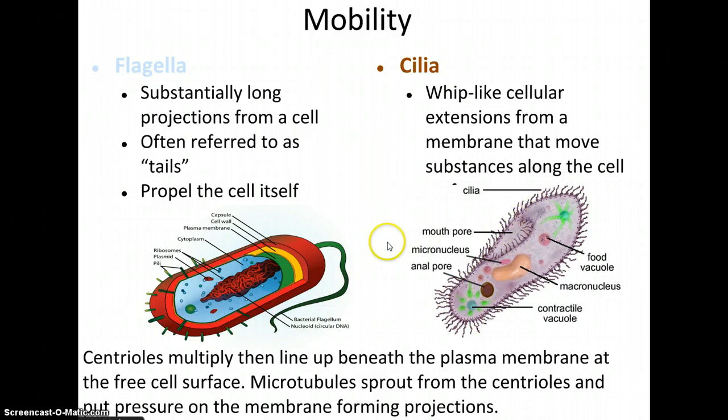Now the main difference between these two is that this acts more like a whipping motor, and it allows that cell to propel itself, whereas these things are more like moving the substance and more of a surface thing. So this thing is moving, and this is like the water's moving.